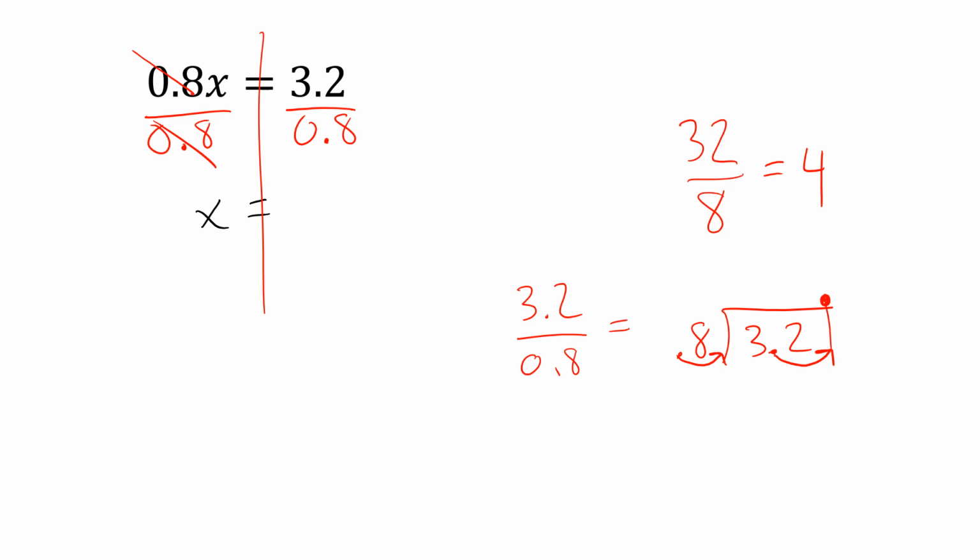Now, let me clean this up a little bit. It's going to be 8 into 32, where the decimal is right here. Well, 8 doesn't go into 3, but 8 goes into 32 4 times. That's exactly 32. There you go. Here is our answer, 4 decimal point, which is the same thing as just saying 4. So our answer is 4.